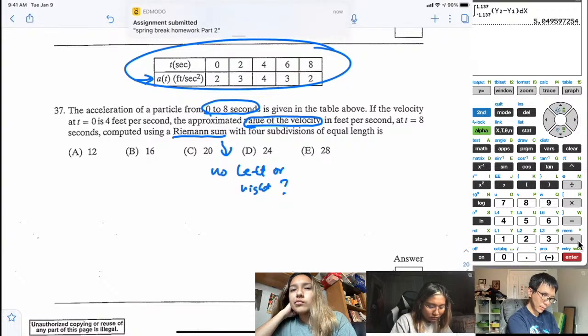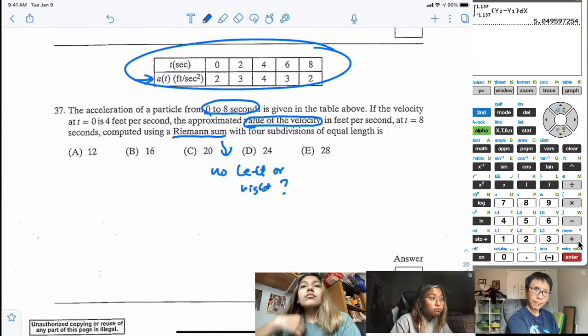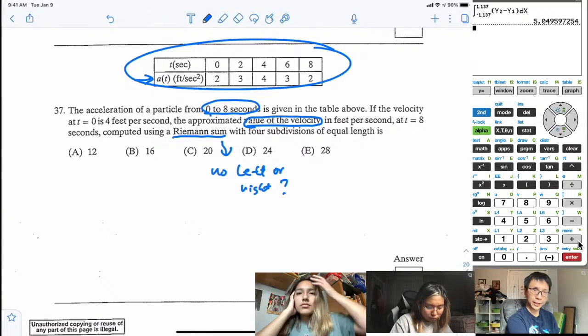Anything else? Come on, there's a lot of words there.